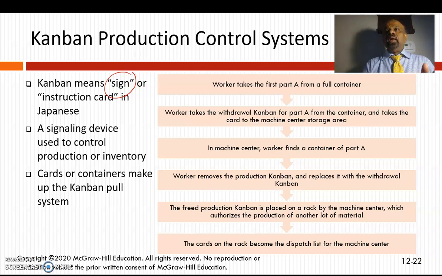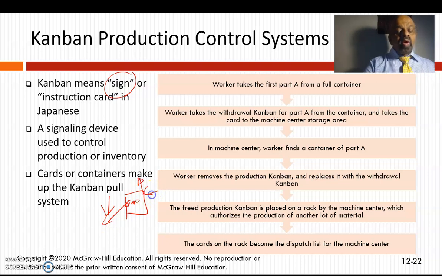It's basically a signal that is used to control production. So let's say you have a pull system, and you have a rack with one product, two products, three products. As you take one product, there is something which shows up saying add one more product. That is Kanban. That is a pull system.